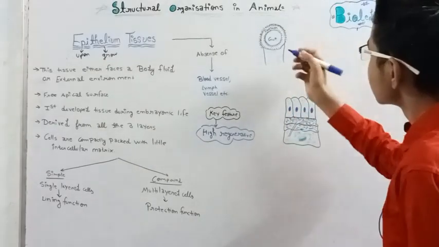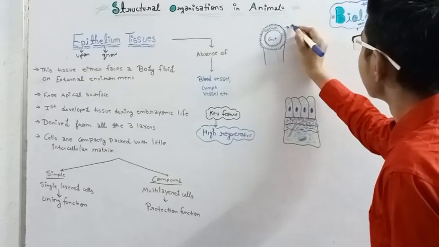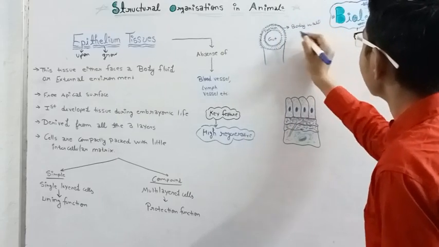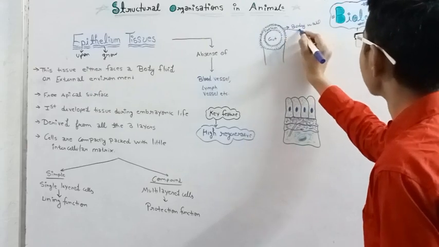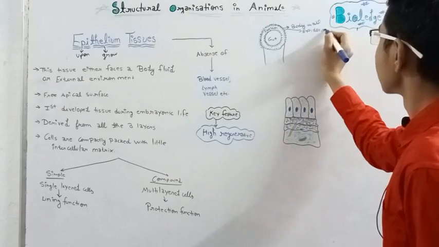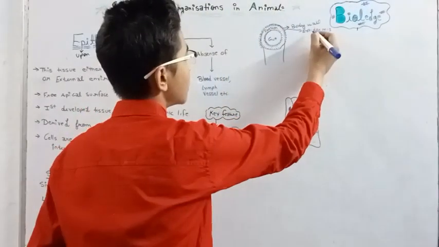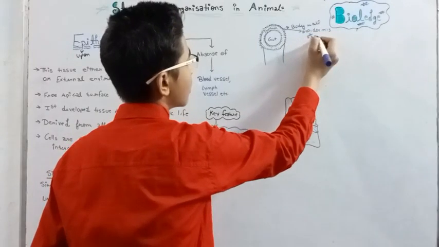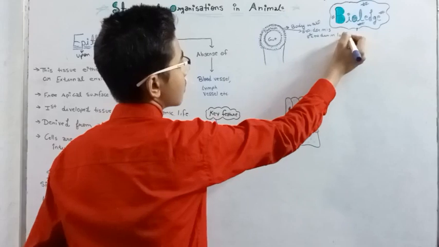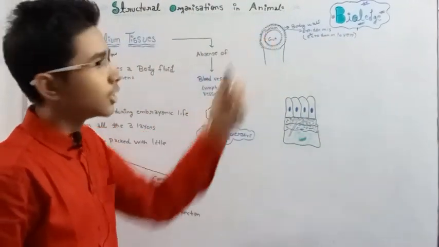Suppose we have this sketch of our body, and this is the body wall, and this is the epidermis of the skin. This part is derived from the ectoderm layer. Next we have the coelom.